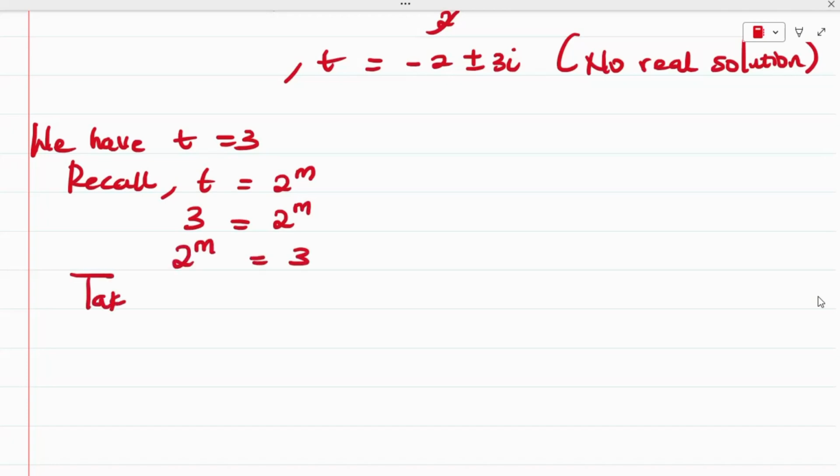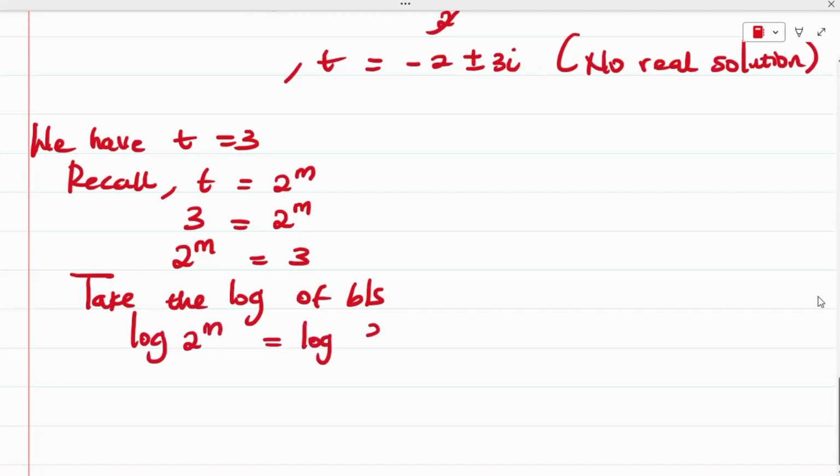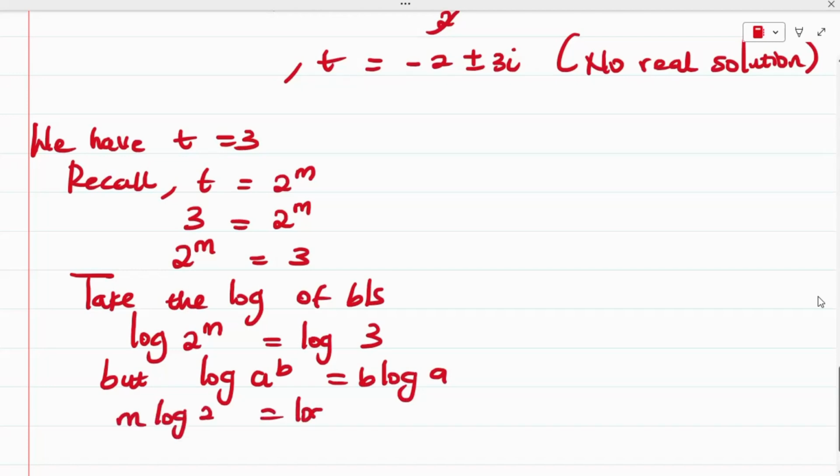So the next thing we want to do is to simply take the logarithm of both sides. So we have this to be log 2 raised to the power of m is equal to log 3. Well, from logarithmic property, if we have log a raised to the power of b, this is equal to b log a, right? So we have m log 2 is equal to log 3. So divide both sides by log 2 to isolate m.